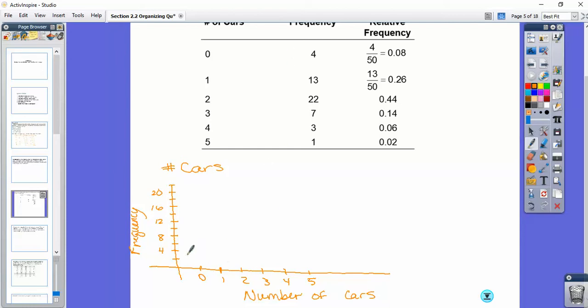Okay, so 0 had 4 cars. So you take a rectangle with a height of 4, and you center it over the 0. So it starts and ends halfway in between our 0 and 1. 1 had a frequency of 13, so we have to make these touching.